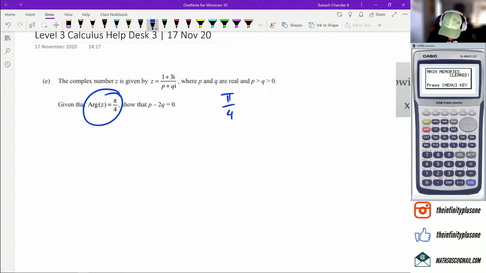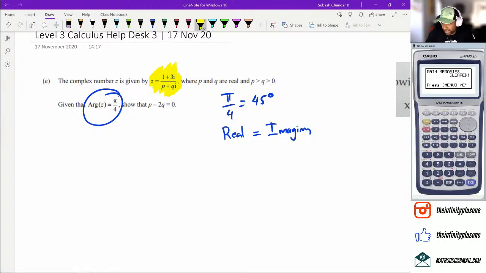Now just remember that pi over 4 is 45 degrees, and usually that actually means that the real part equals the imaginary part. All you have to do really is take this complex number here and write it up so that you get the real part and imaginary part, and then you are pretty much good to go there.